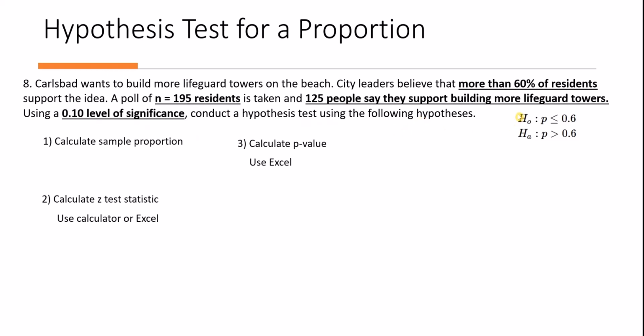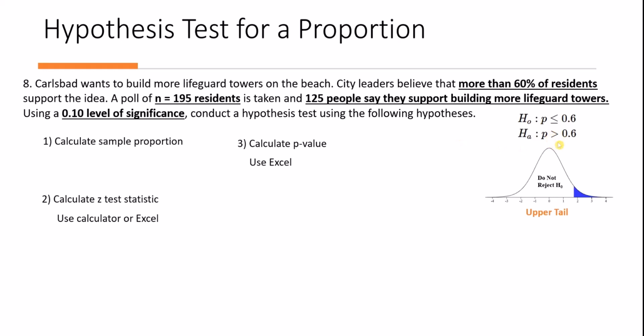So our null hypothesis is that the population proportion that supports building more lifeguard towers is less than or equal to 0.6. So the equality sign is in the null, and then our alternative hypothesis is that it is greater than 0.6. So let's visualize the distribution.